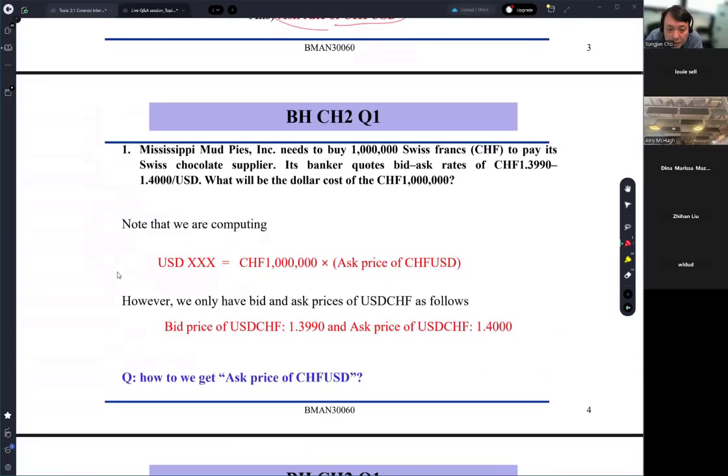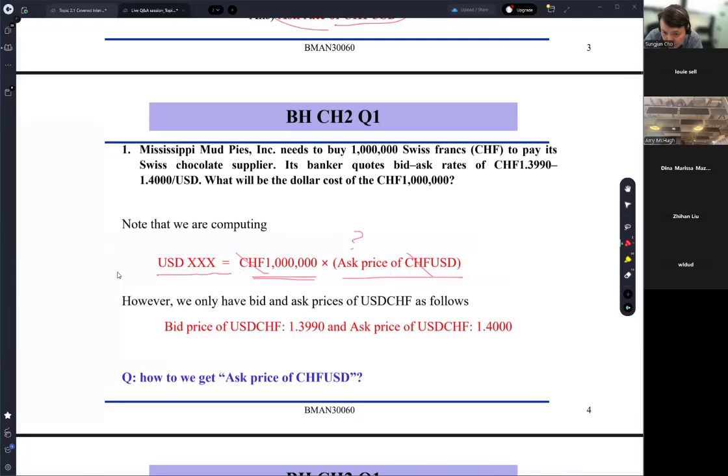In order to get the USD amount, we have to multiply 1 million Swiss franc by ask price of CHF USD. Then CHF will be canceled, and we're going to get the dollar amount. If you have any question, just use the chatting window or speak directly to me. The problem is we don't know ask price of CHF USD.